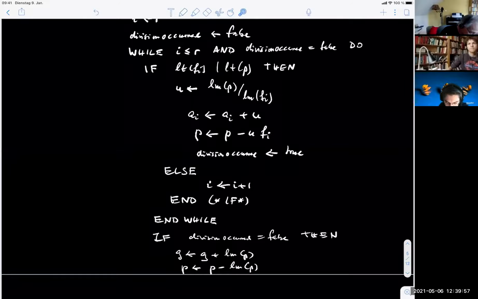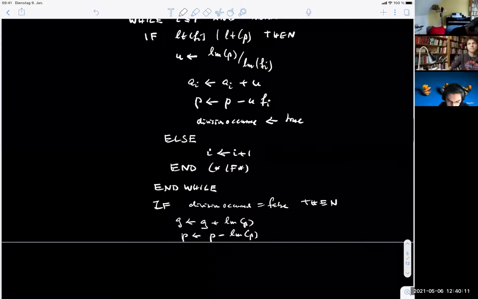So I cannot treat it further. It will be part of the remainder. I subtract the leading monomial of P, and then I continue with that one. So the program is now finished. This is the end of this if, and then I have end while.